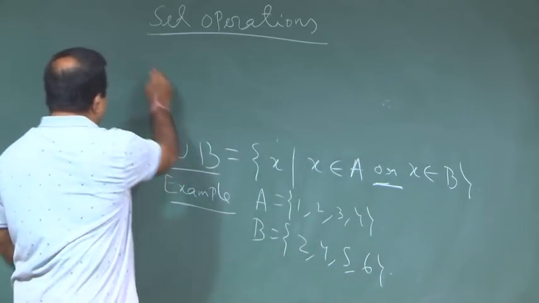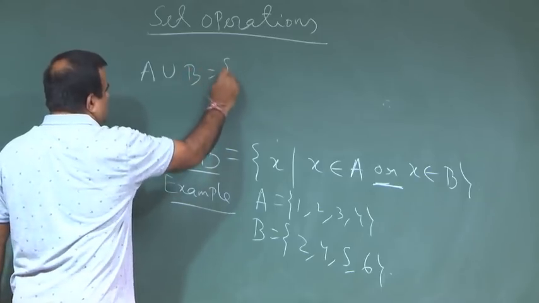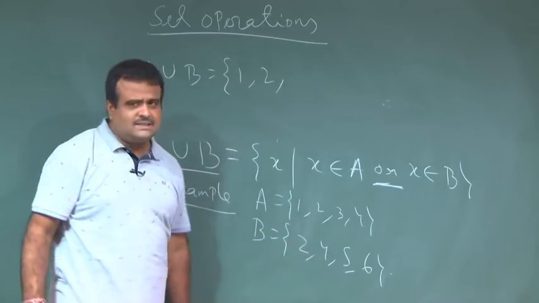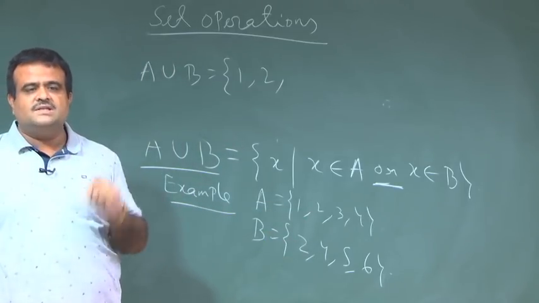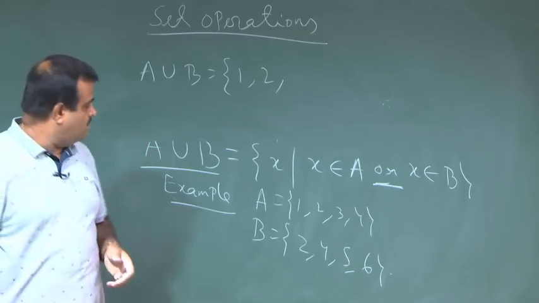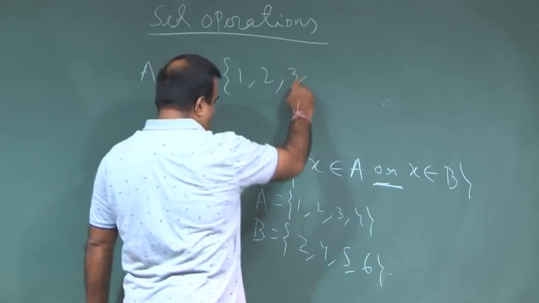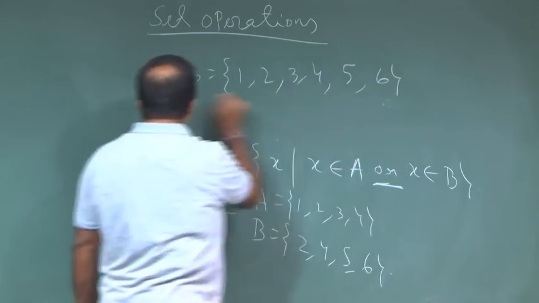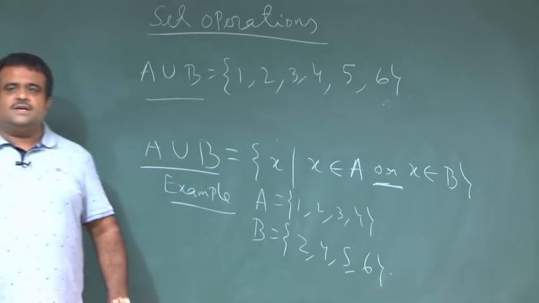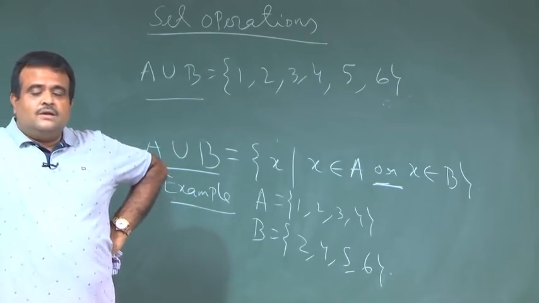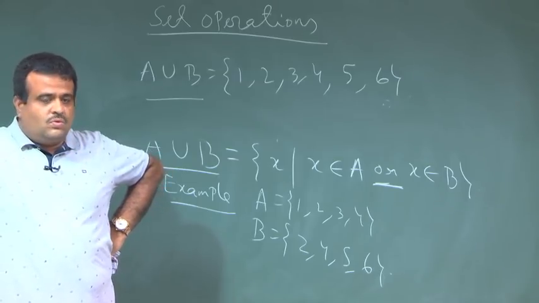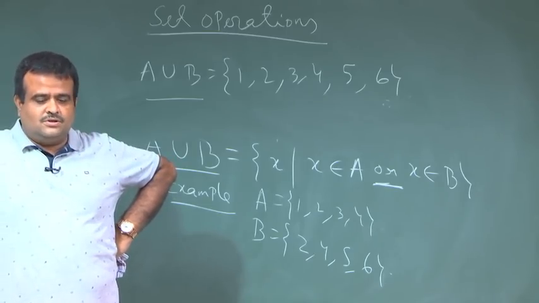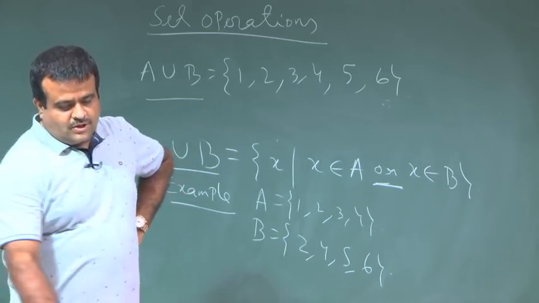Then A union B is basically 1, 2, 3, 4, 5, 6. 2 is in both places, but we cannot write 2 twice because a set is a distinct collection of objects. Likewise 4 will appear once. So, this will be a distinct collection. So, this is the union. The union set is basically x such that x belongs to A or x belongs to B. So, this is called the union operation.